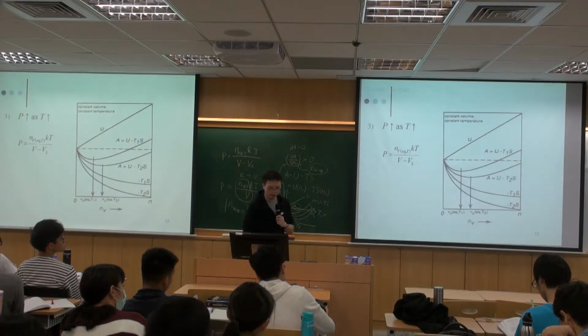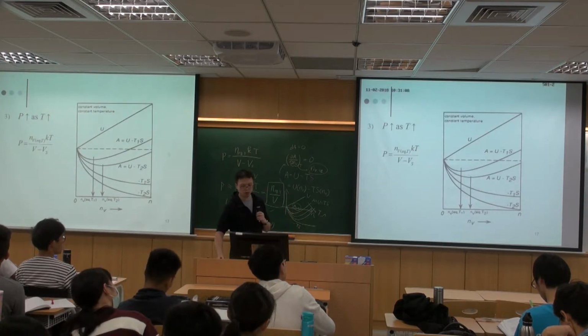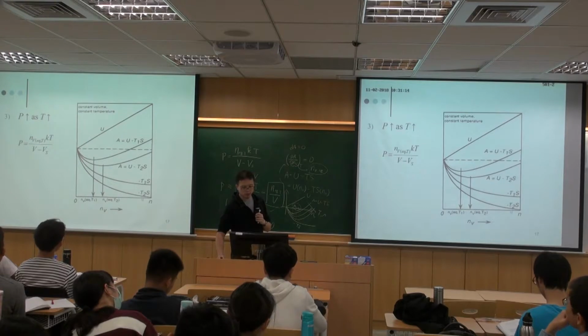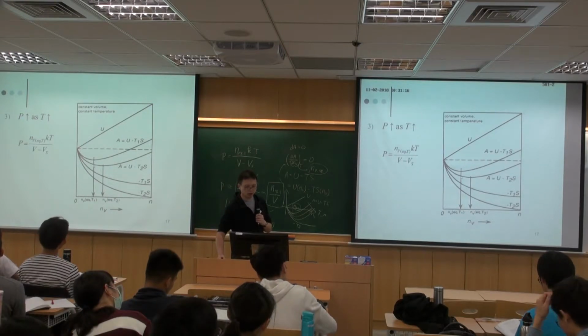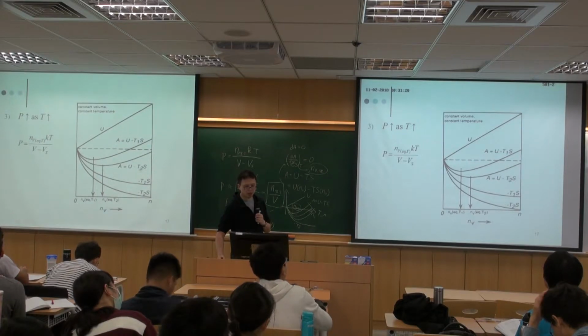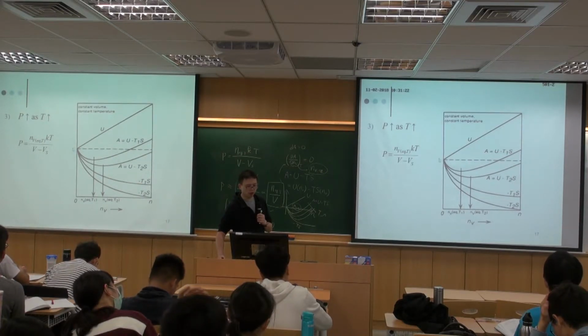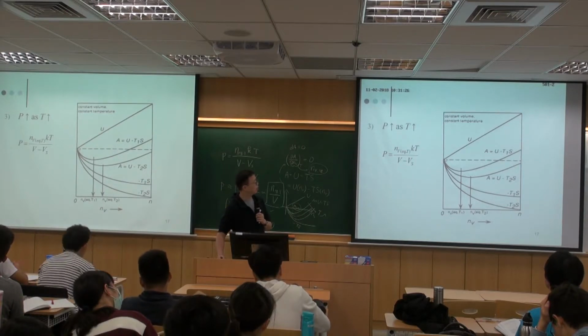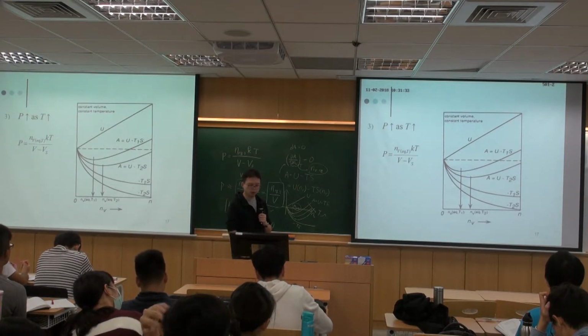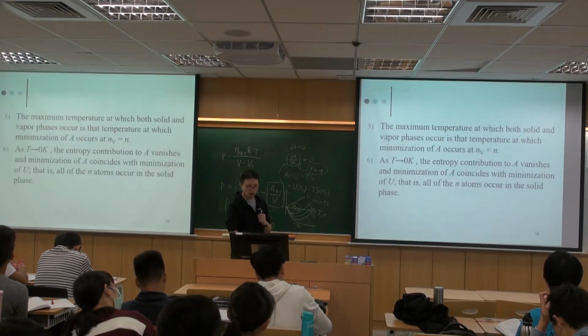So imagine that we're still using this expression or this plot to mimic the temperature change. If we go down to 0 temperature, then there's no TS contribution. Therefore, the equilibrium position will be here at the 0 point, which means there are no particles in the vapor phase, and all the particles will be in the solid phase.